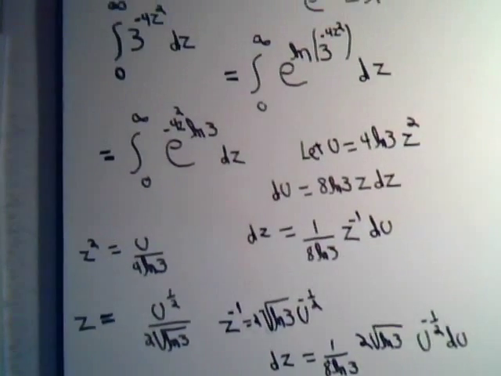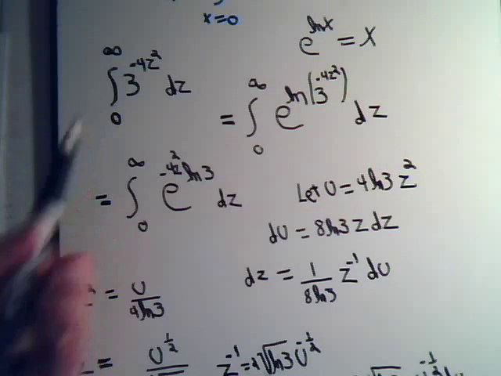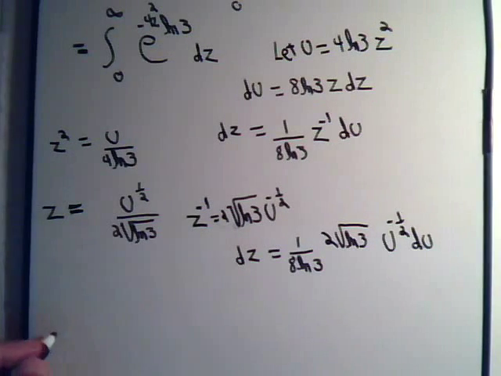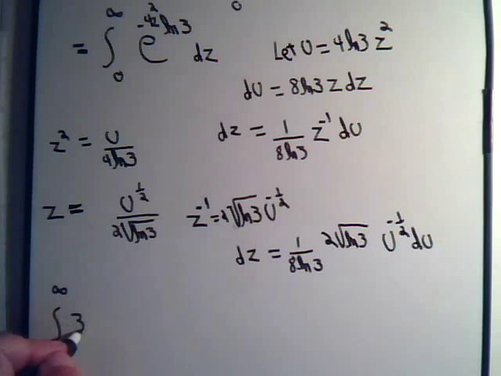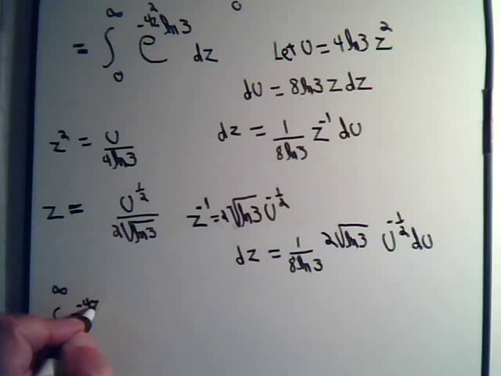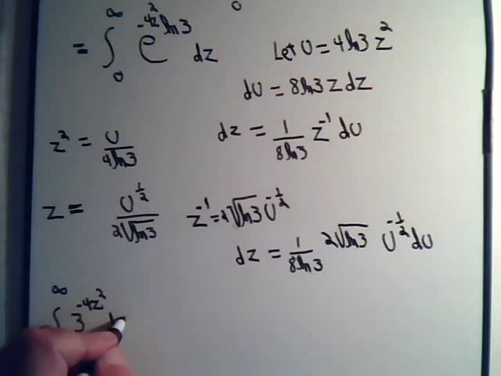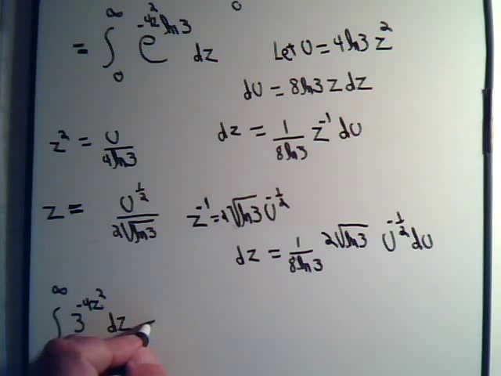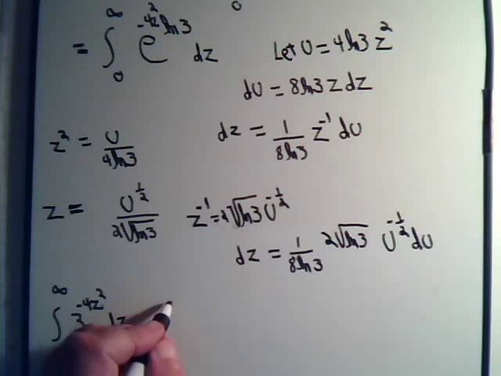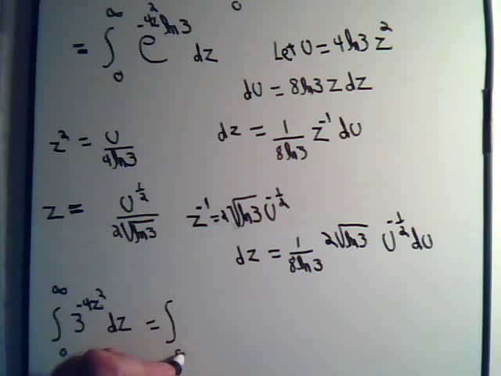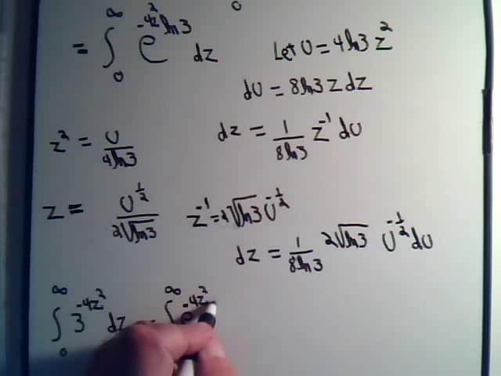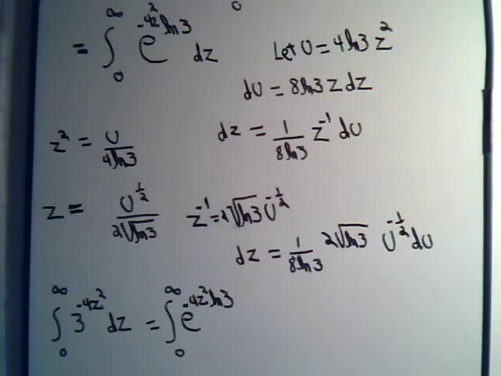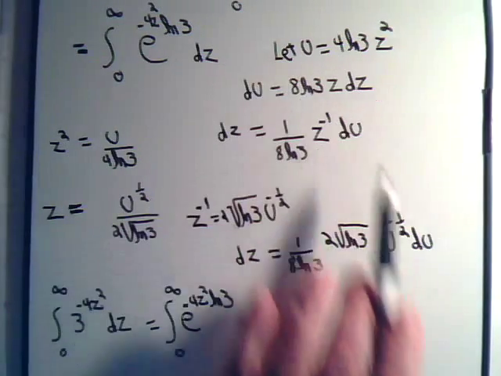So let's see, if we go back, our original integral was 3 to the -4 z squared dz, and we rewrote that as the integral from 0 to infinity of e to the -4 z squared natural log of 3, and then we made some substitutions.